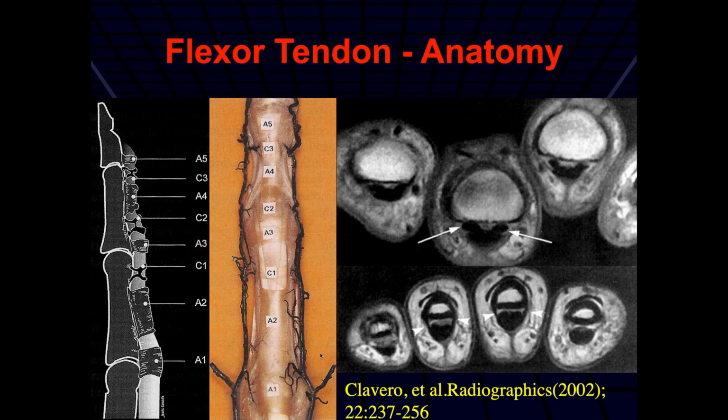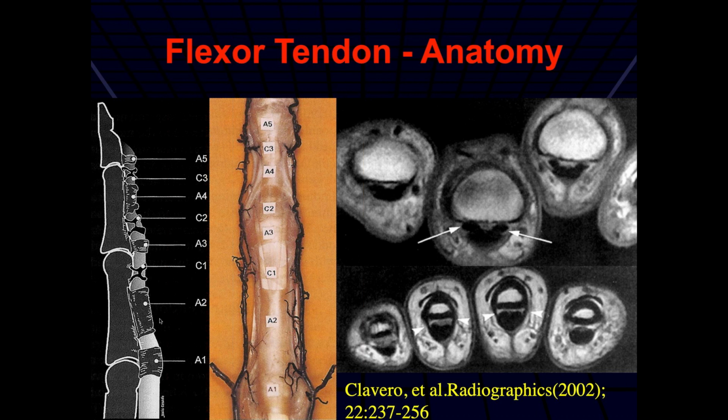So we talked earlier about the different pulley systems involved in keeping the flexor tendon from abnormally displacing from the bones. And here we can see the complete system. So there are 5 A pulleys and 2 cruciate pulleys, which we see here.